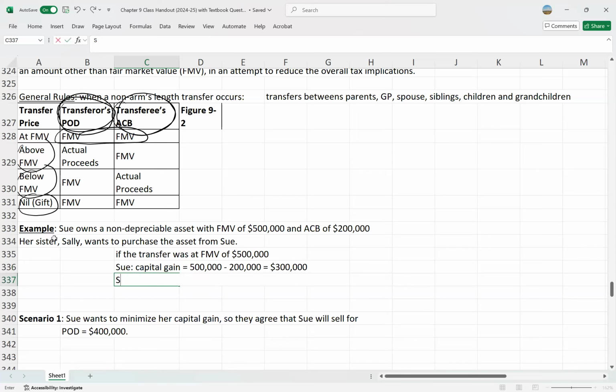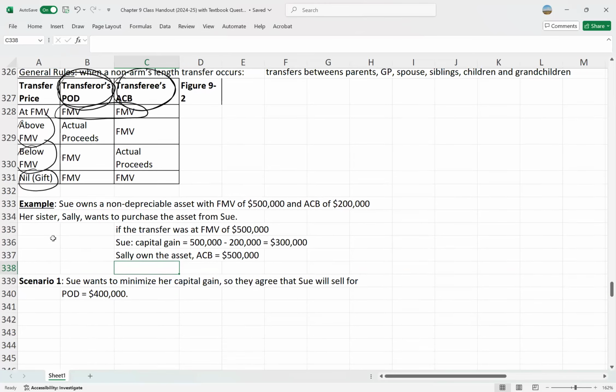And then her sister Sally would now own the asset, and her adjusted cost base would be what she paid for it, which is $500,000. So if the transfer was at fair market value, that would result in a $300,000 capital gain for Sue. And then Sally would now hold the asset with a cost of $500,000.